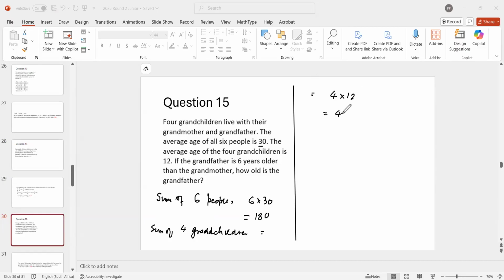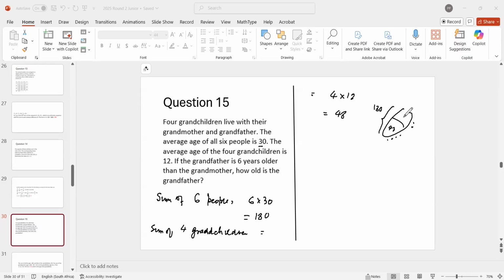So that's 48. So if you add the 4 people, the sum is 48. There are 4 people here. And then you're left with only the grandparents. And the whole thing is 180. When you add the whole 6, you're going to get 180.